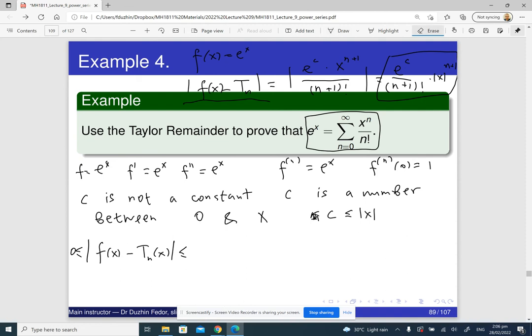So this is going to be e to the absolute value of x times the absolute value of x raised to the power n plus 1 divided by n plus 1 factorial.